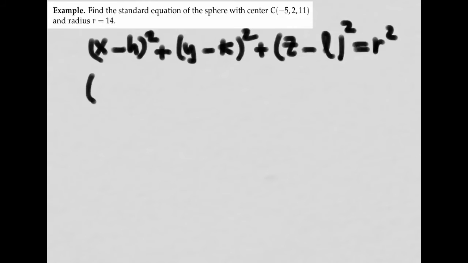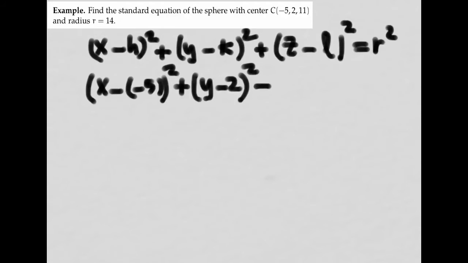What is h? h is minus 5, plus (y minus k), where k is 2, plus (z minus l), where l is 11, equals 14 squared.